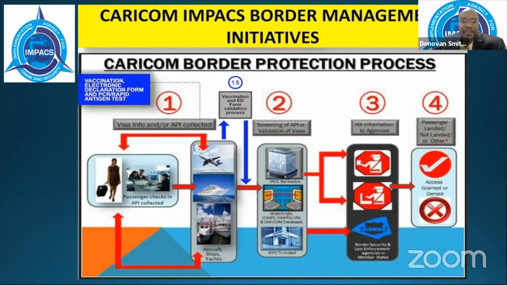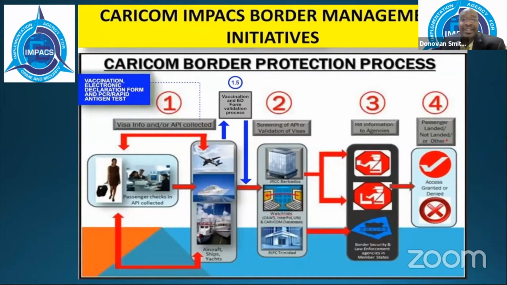So good question, Daniel, and thanks for that. Yeah. So integration can happen through the JRCC, which is the Joint Regional Communication Center for CARICOM IMPACS. And so right now, the JRCC gets all the manifests for all travel participants throughout the CARICOM member states.